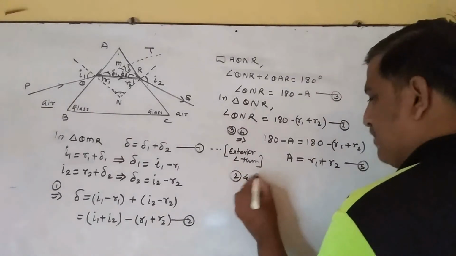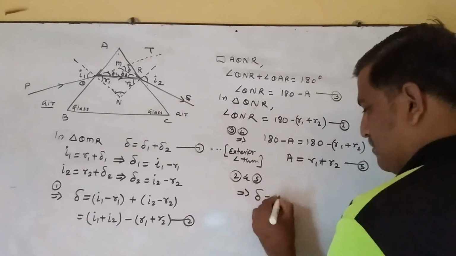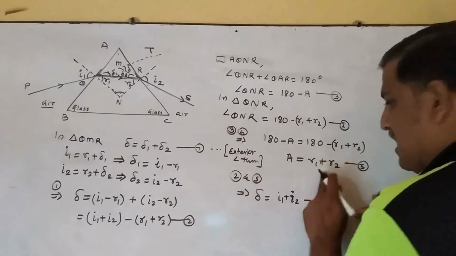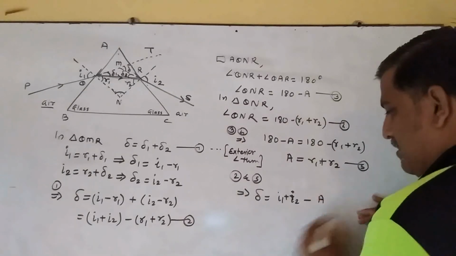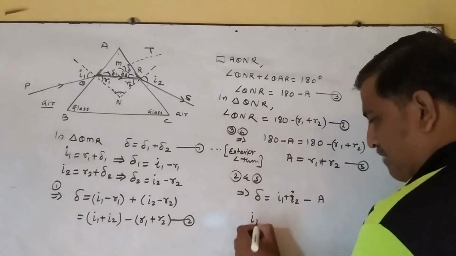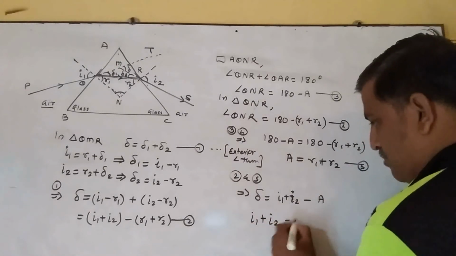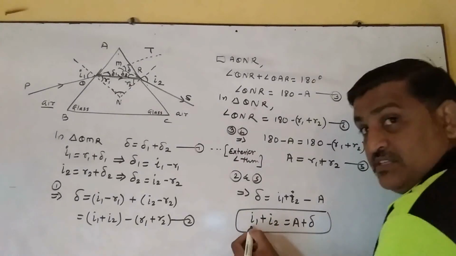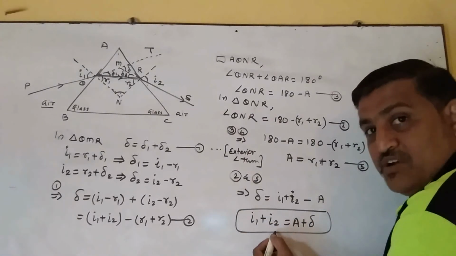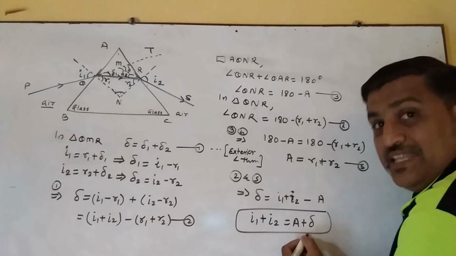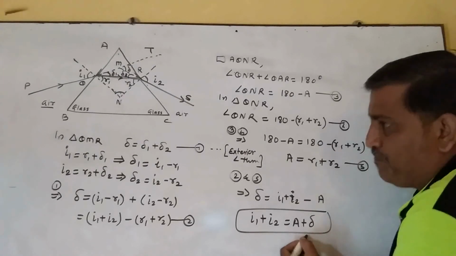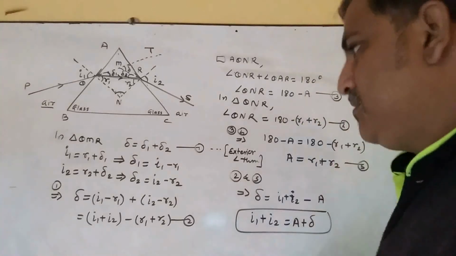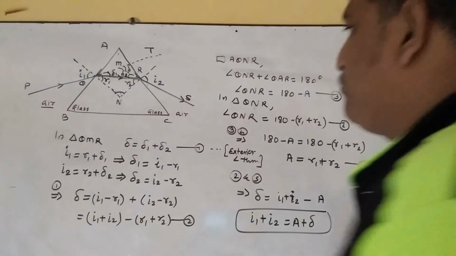So second and fifth imply delta is equal to I1 plus I2 minus R1 plus R2 as A. Okay. So I can say I1 plus I2 is equal to A plus delta. Means I can say angle of incidence plus angle of emergence is equal to deviation plus angle of prism. Okay, this derivation is not required for you, but still I give you more information about that.